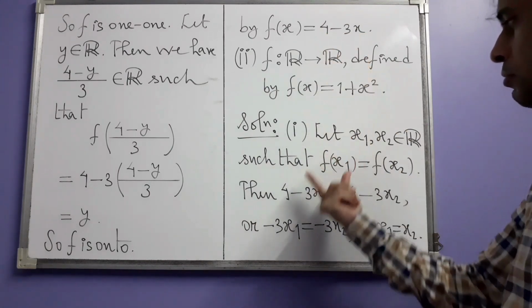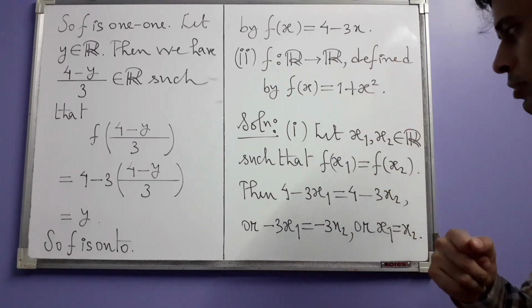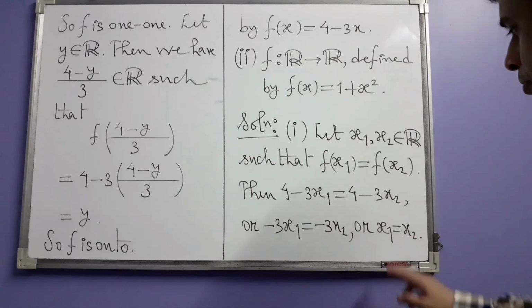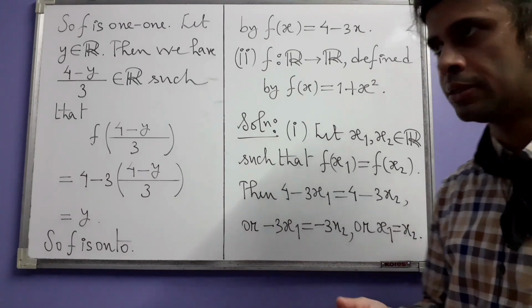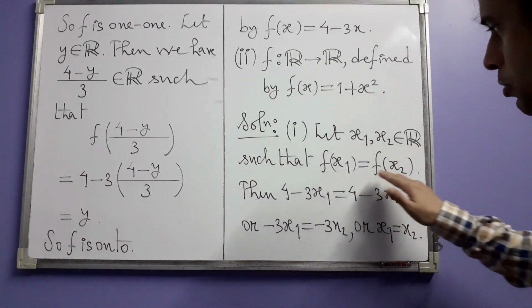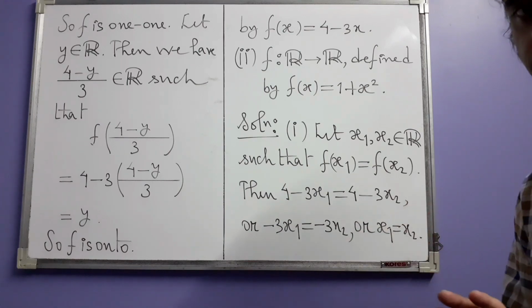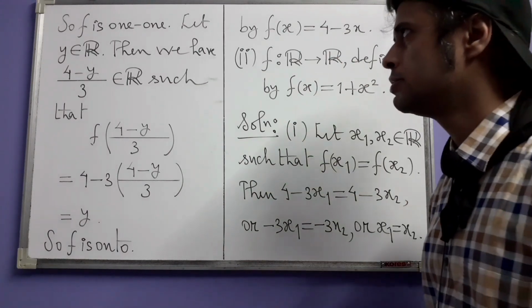That means 4 minus 3x1 is equal to 4 minus 3x2, from which after some steps you already know the algebra, you are going to get x1 equal to x2. When the assumption that the outputs are equal gives you the fact that the inputs are also equal, then the function is 1-1. So that's how our f is 1-1.